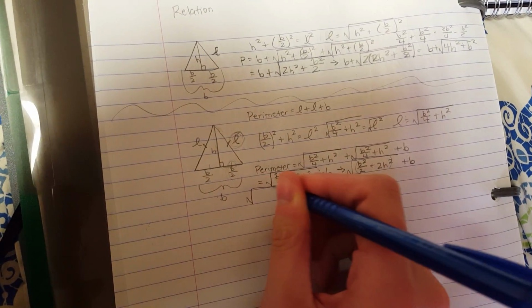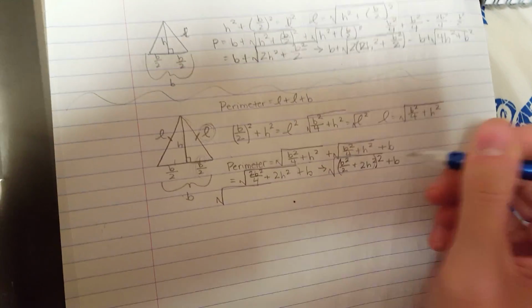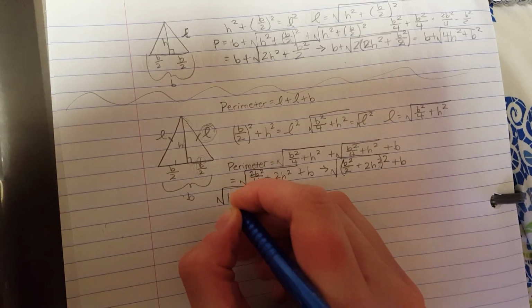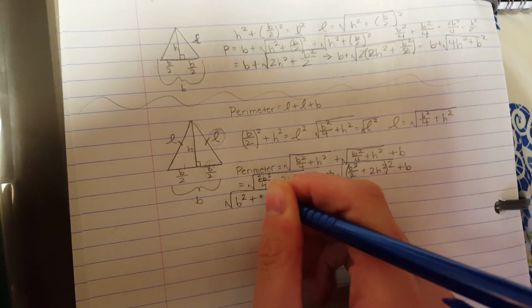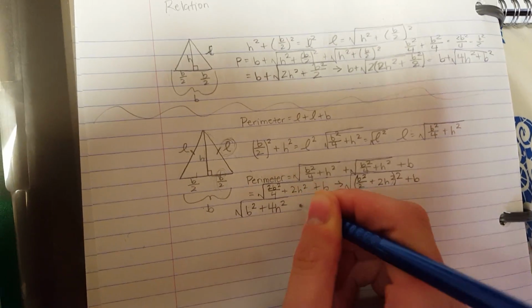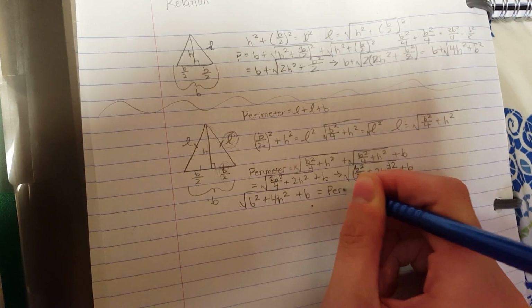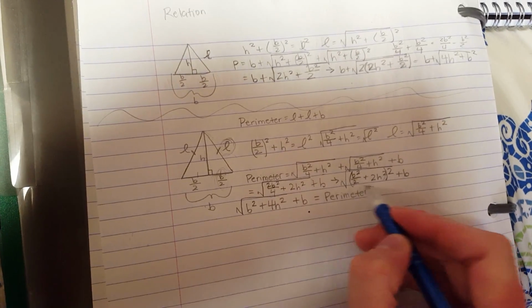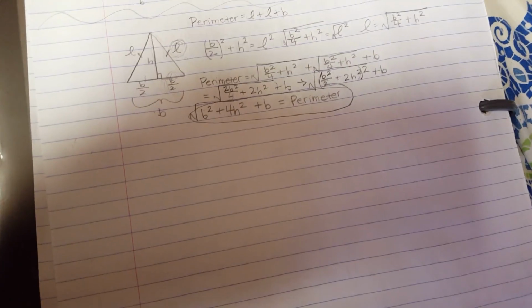So I am going to multiply this by 2 so I can cancel this 2 out of here. So I will get the square root of b squared plus 4h squared, plus b, equals the perimeter. So this is my equation for the perimeter.